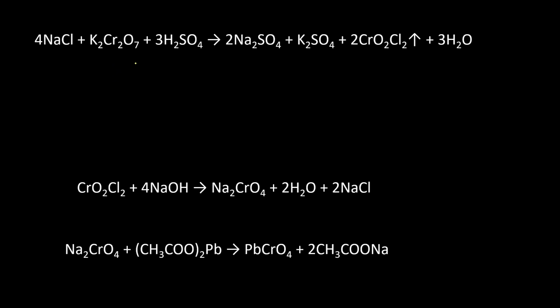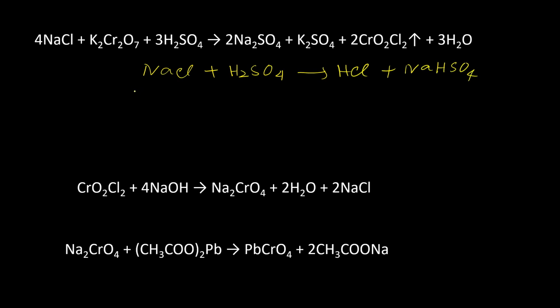Here, in the first step, what happened? This chloride salt, sodium chloride, plus your concentrated sulfuric acid, the same thing, a weak acid will be released, that is HCl plus sodium bisulfate, NaHSO4, right? Now what happened?